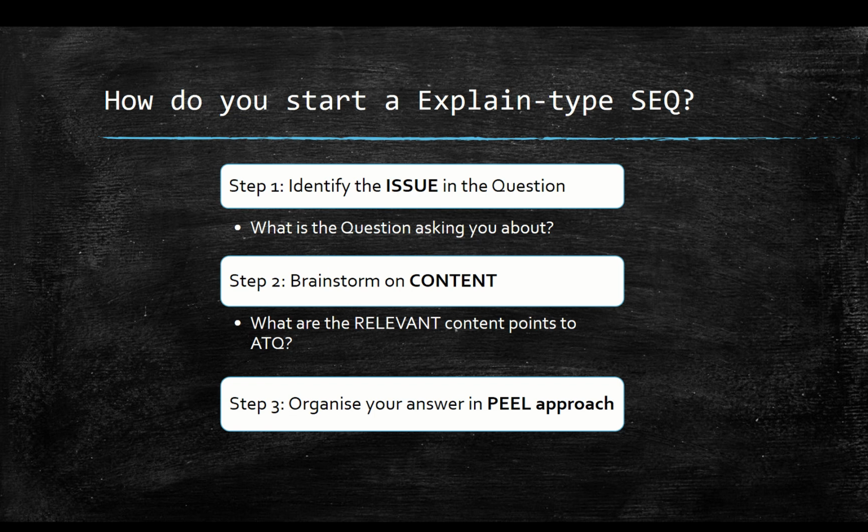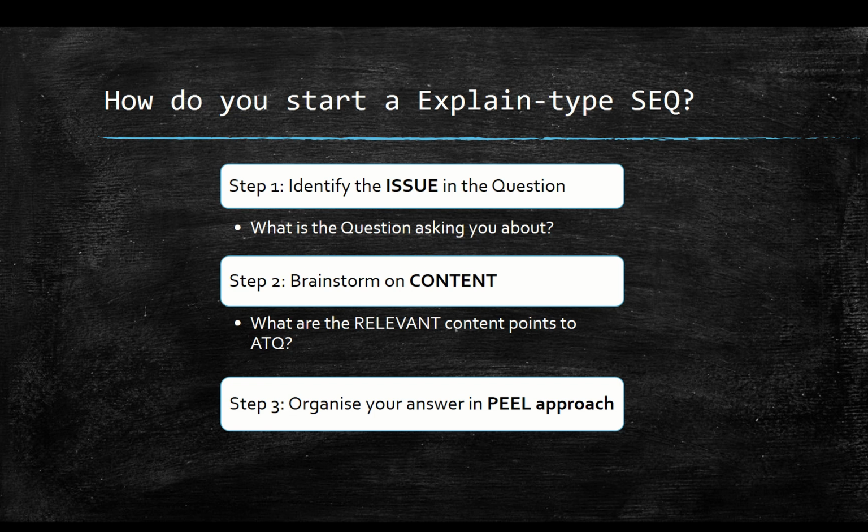Once you have done so, the second step would be to brainstorm on the content that you have learned in class, that your teachers have gone through with you, and to think about what would be the relevant content points to answer the question, ATQ. I will be using this acronym pretty frequently, so whenever I say ATQ, it would refer to answer the question.